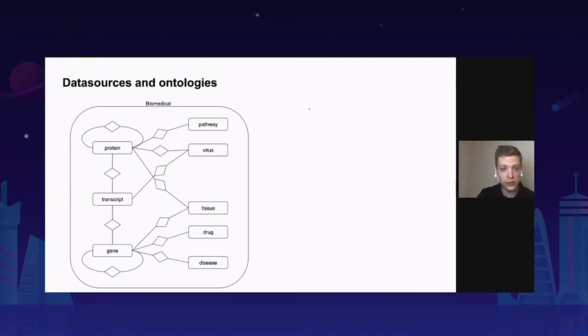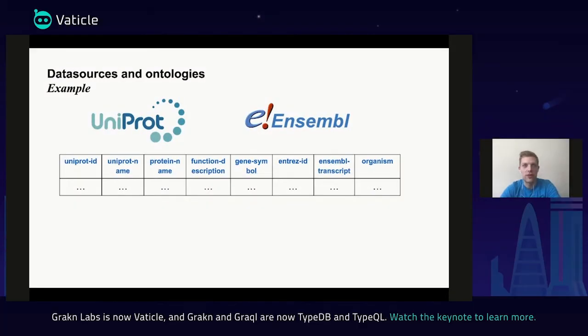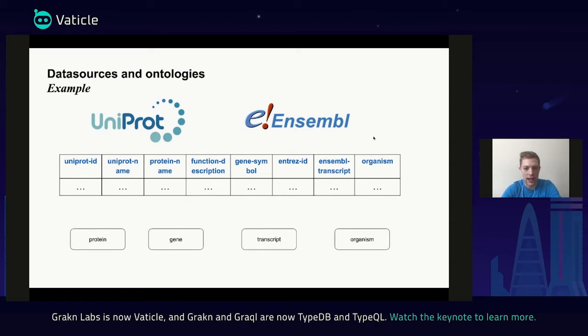Once we've done that, we can go to our data sources, and in this example, we will have a look at the UniProt data. In here, you can see that we have data from UniProt, which also contains some data from Ensembl. So we just have to identify the relevant columns. Then we have a look at our schema and identify the relevant entities that we would like to populate the data for.